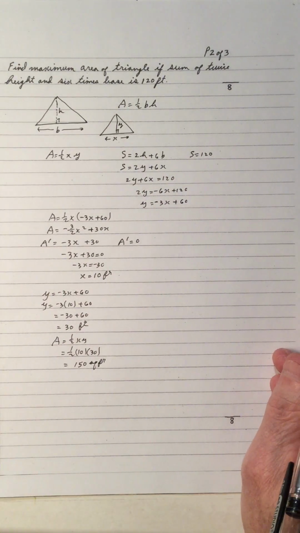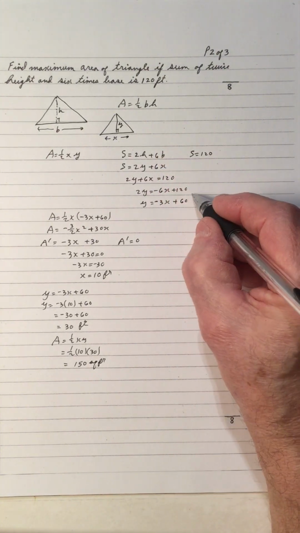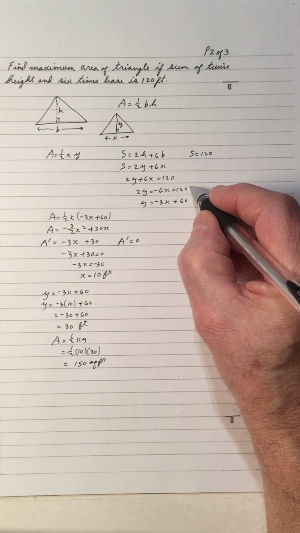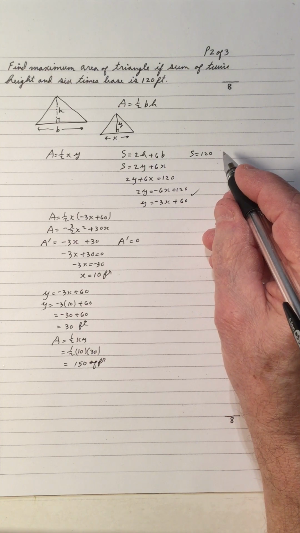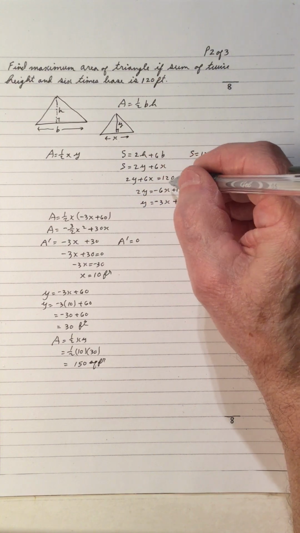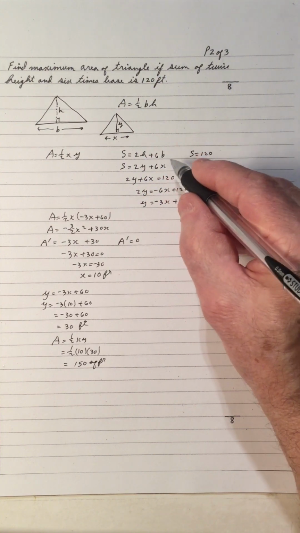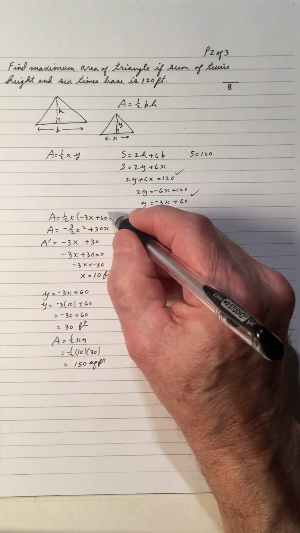And there are 8 marks here. If you come up with the parameter equation right here, you get a mark. If you come up with the parameter equation and solved it out for y, you got the area equation.